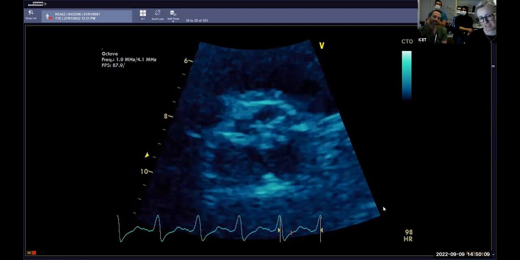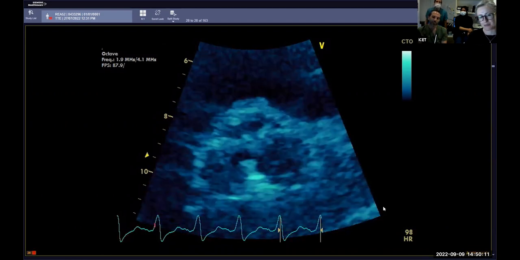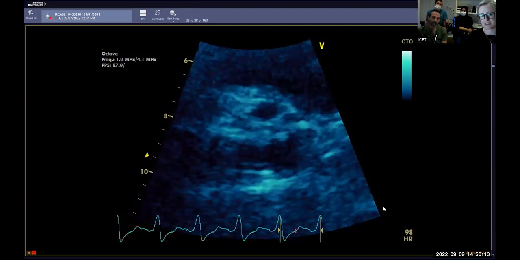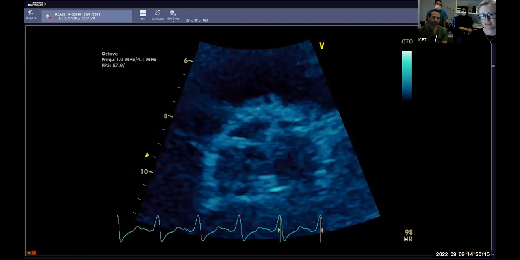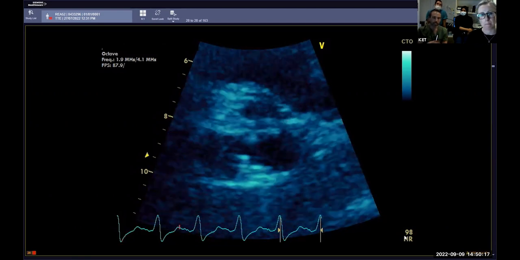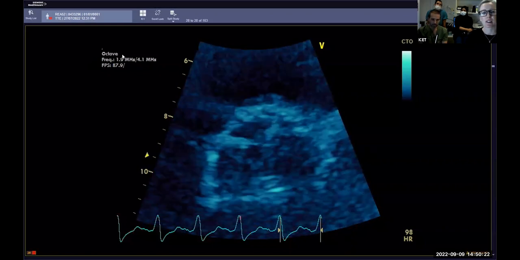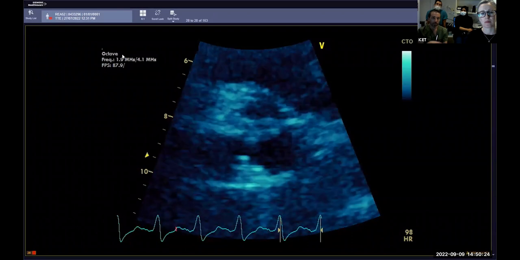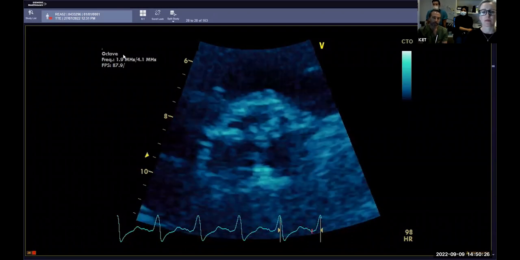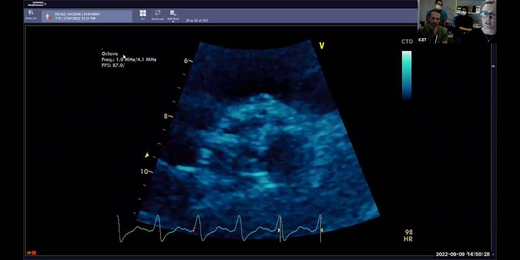There looks to be significantly restricted motion of all cusps of the aortic valve. There's thickening along the cusps, or along the tips of the valve. The cusps themselves don't look heavily calcified, although maybe there's some dropout there because of the calcification along the tips. It does look to be trileaflet now.